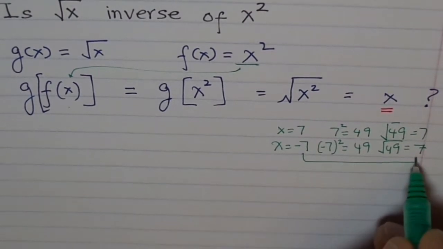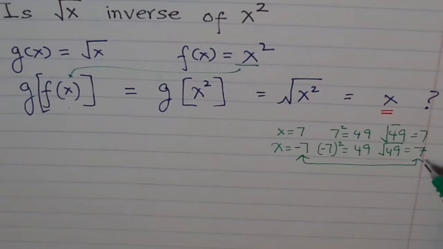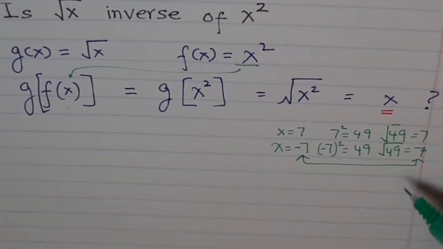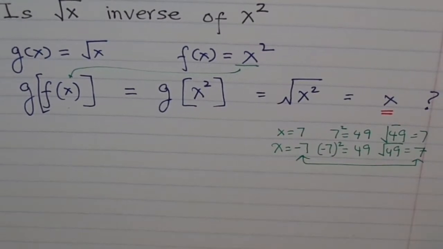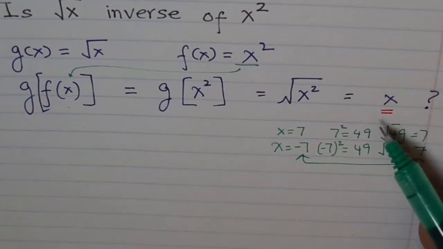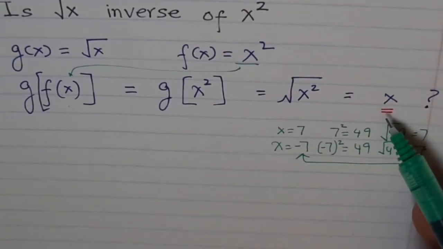But 7 and minus 7 are not the same. You always get a positive value. Do you understand? That's the difficulty. You should have got minus 7, which you don't get. So that's why square root will not give you x.